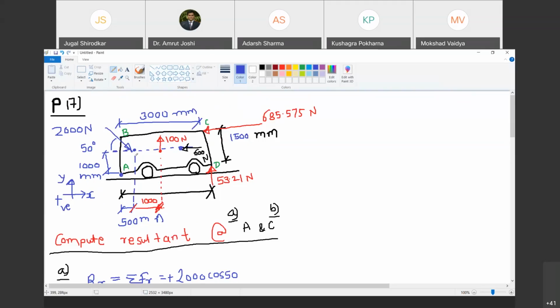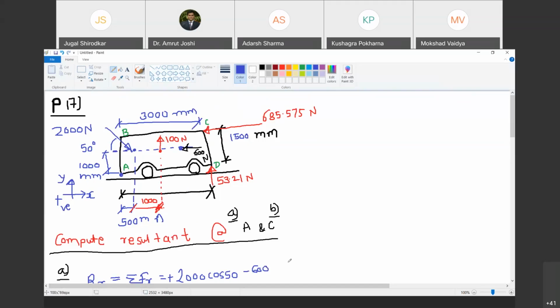चलो, अब दूसरा फोर्स कौन सा है? 100 न्यूटन का कोई कंपोनेंट आएगा हॉरिजॉन्टल डायरेक्शन में? नहीं. 53.21 का? नहीं. This 600, what should I write? Minus 600.